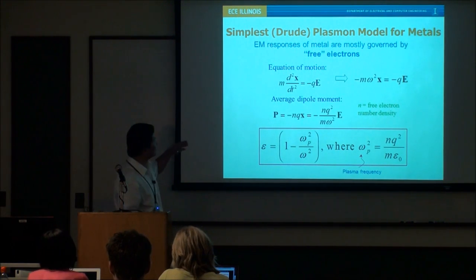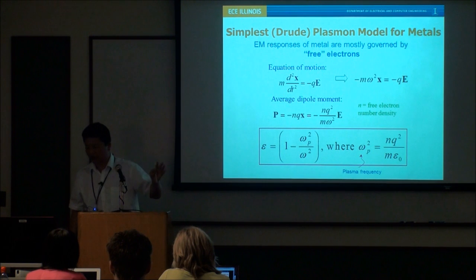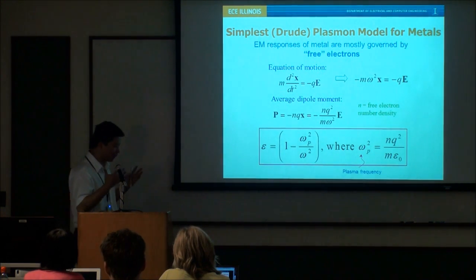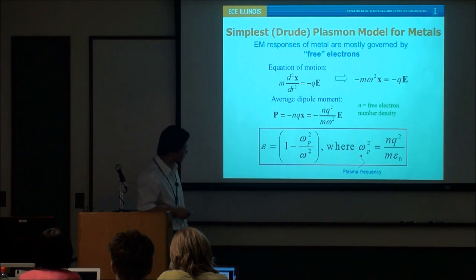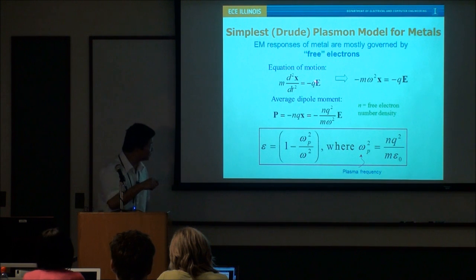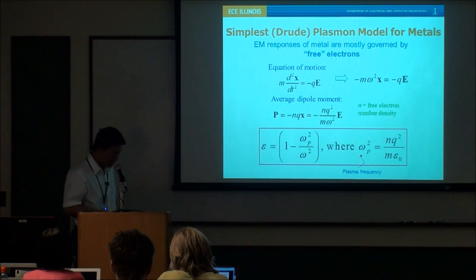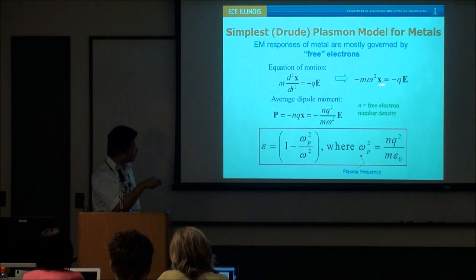For plasmonics, we can use the simplest Drude model to explain it. This is a very simple motion-of-electrons model. This is basically the kinetic energy of your electrons, and this is your electric field and the charge of your particles, and that equation can be translated into this.